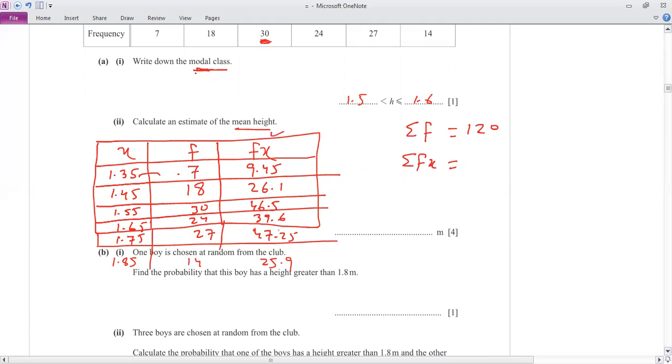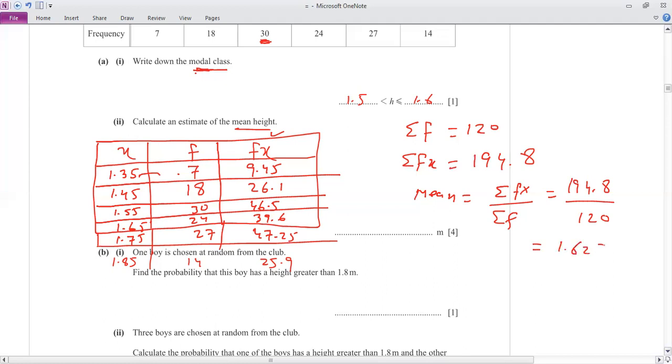Add all of these fx and let me know. 194.8. So what will be the mean now? The formula of the mean is sigma fx over sigma f, 194.8 divided by 120. What will it be? 1.623, and then it's recurring. So you can round to 3 significant figures, 1.62.